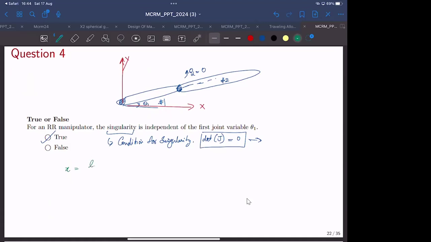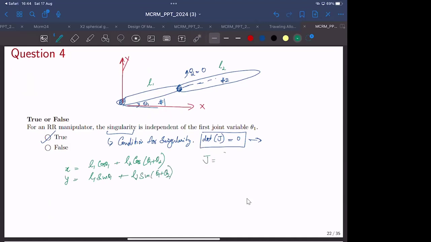If I call this link length L1 and this link length L2, X would be L1 cos theta 1 plus L2 cos(theta 1 plus theta 2), and Y would be L1 sin theta 1 plus L2 sin(theta 1 plus theta 2).